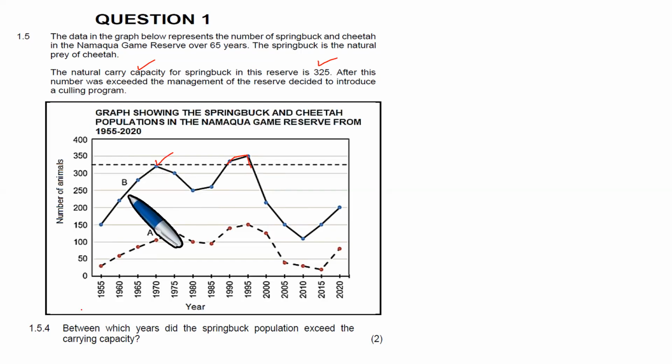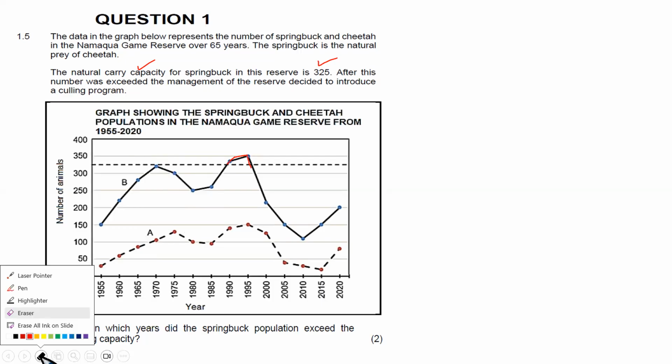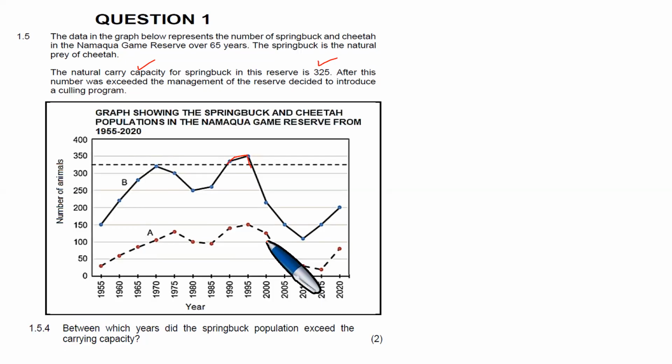Okay. So what is then the answer to this? Right. So the answer to this would be, because we're teaching you how to analyze graphs as well, that demonstrates to us that, for example, in 1.5.4, it was between the years 1990 and 1995.